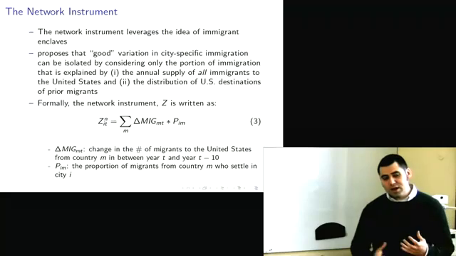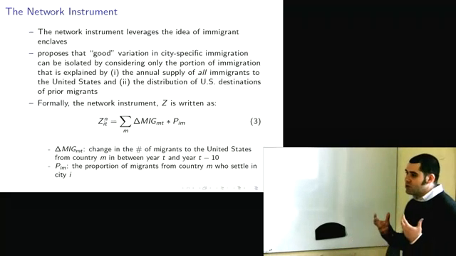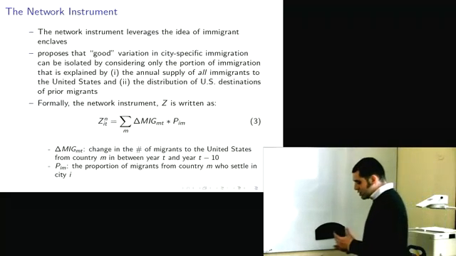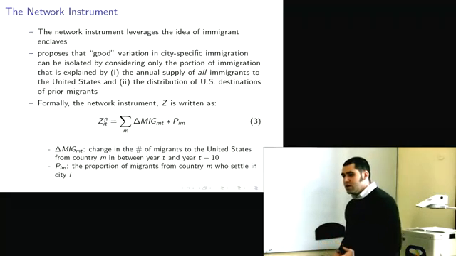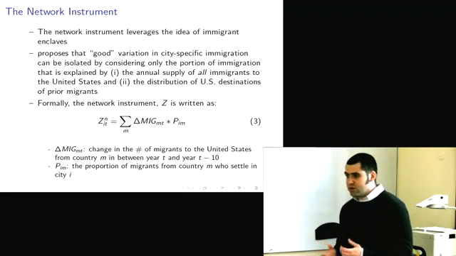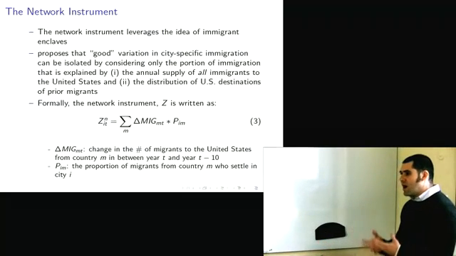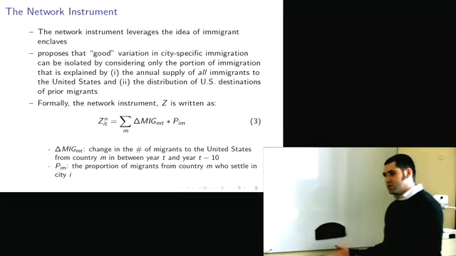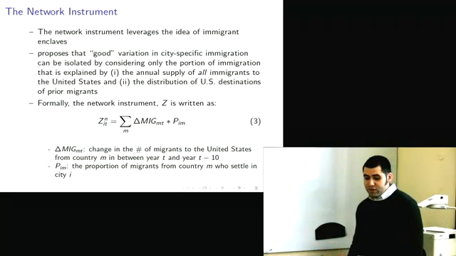This strategy proposes that you can tease out good, exogenous variation in the immigrant share by considering the total number of migrants from a particular source region in a particular year, and then some prior distribution of where migrants from that source region tend to go when they arrive in the United States.